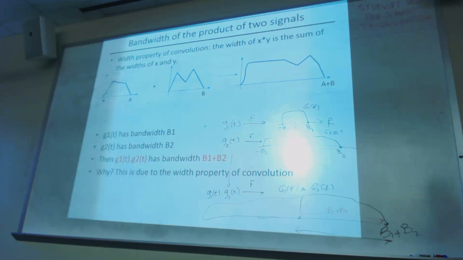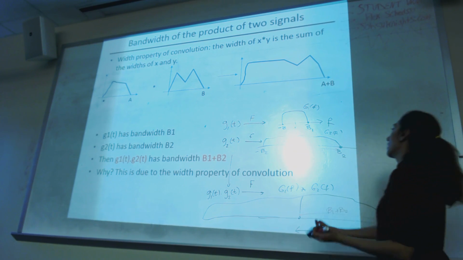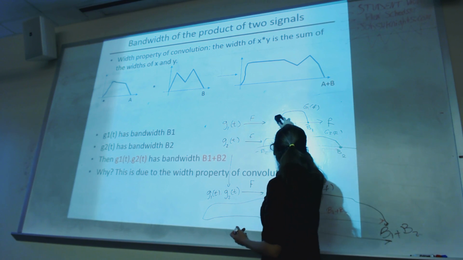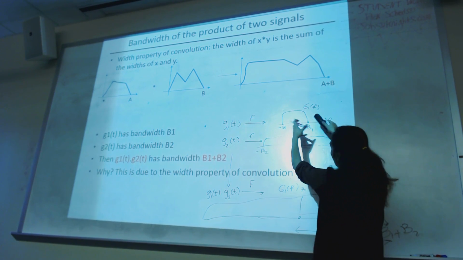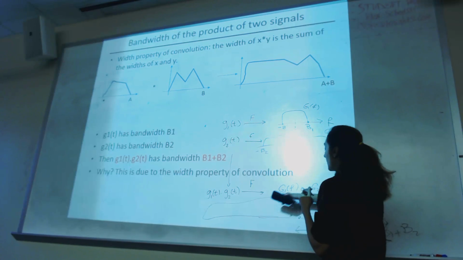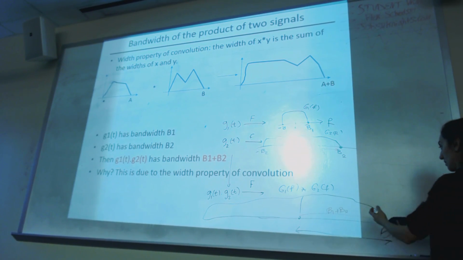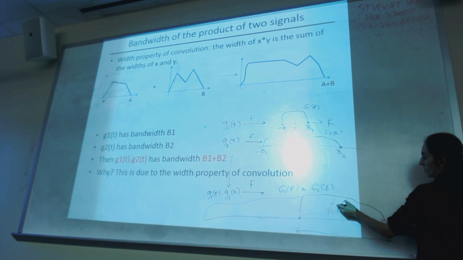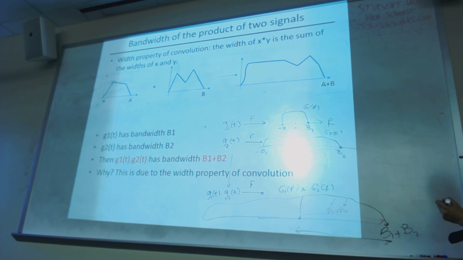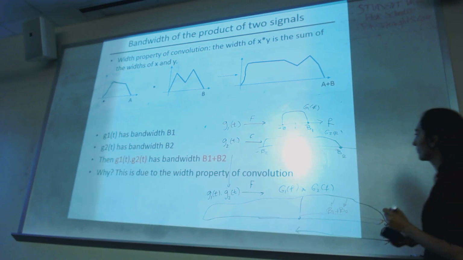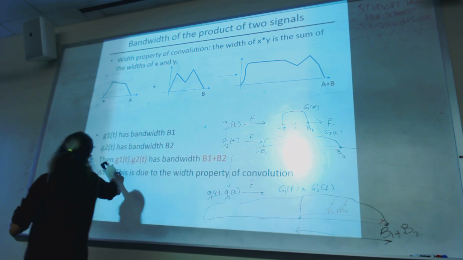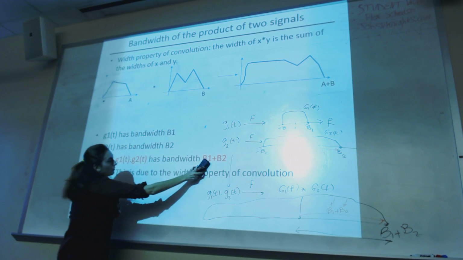Okay, so this could easily be a question on the midterm. I give you two signals, you find the Fourier transform from the table, and then I ask what's the bandwidth of G1 times G2. It's simply the addition of their bandwidths. So G1 times G2 has bandwidth of B1 plus B2.